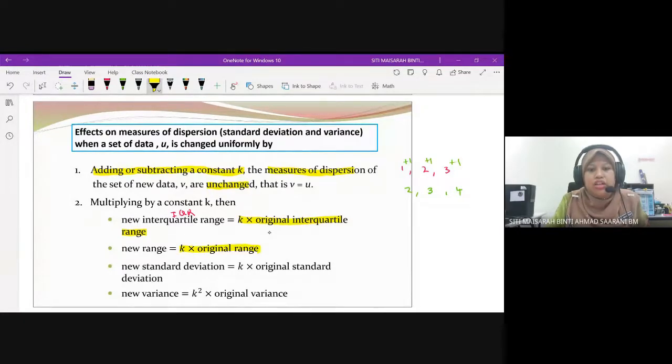Kalau new standard deviation, K times original standard deviation. So K ni maksudnya berapa yang dia meningkat lah. Kalau K yang Madam bagi contoh tadi 120%, 120% maksudnya 1.2 times dengan original standard deviation. Kalau new variance is K square multiplied by original variance.